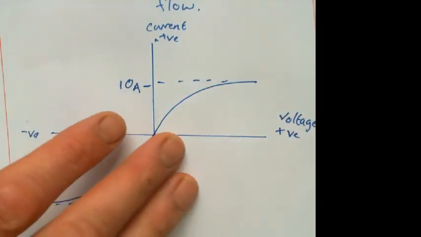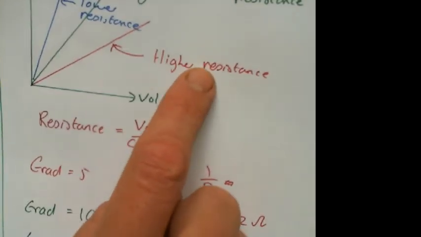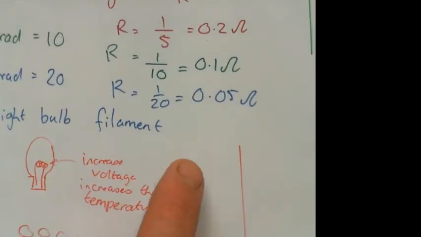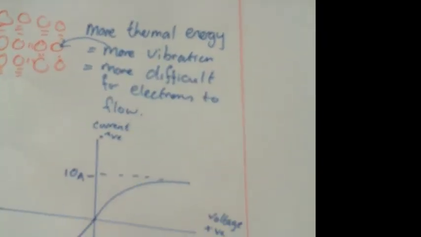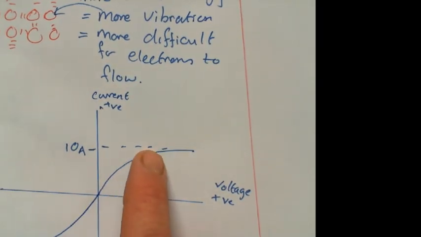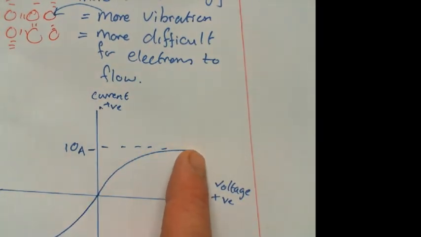And that makes sense from the fact that the higher the resistance, the lower the gradient, which we worked out here. So harder and harder, lower and lower, until it's horizontal, and that's when the resistance is infinite.